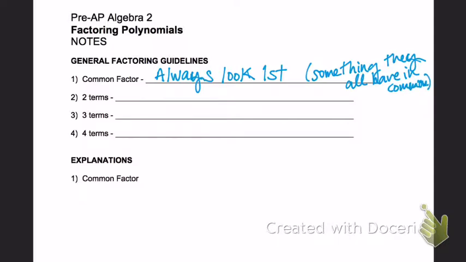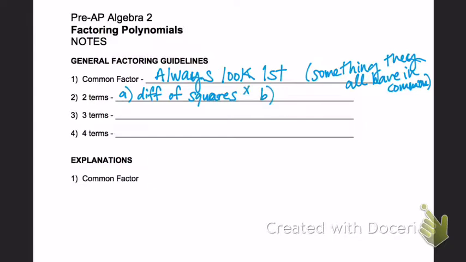If you see an expression that has only 2 terms, then it's going to be one of 2 things. It's either going to be a difference of squares, and we're going to write all this down and then see examples of what that means.